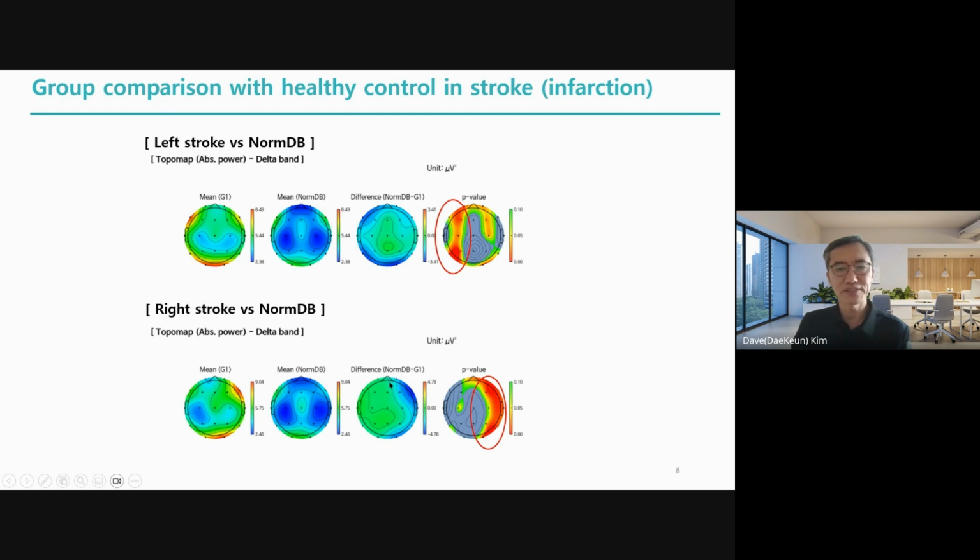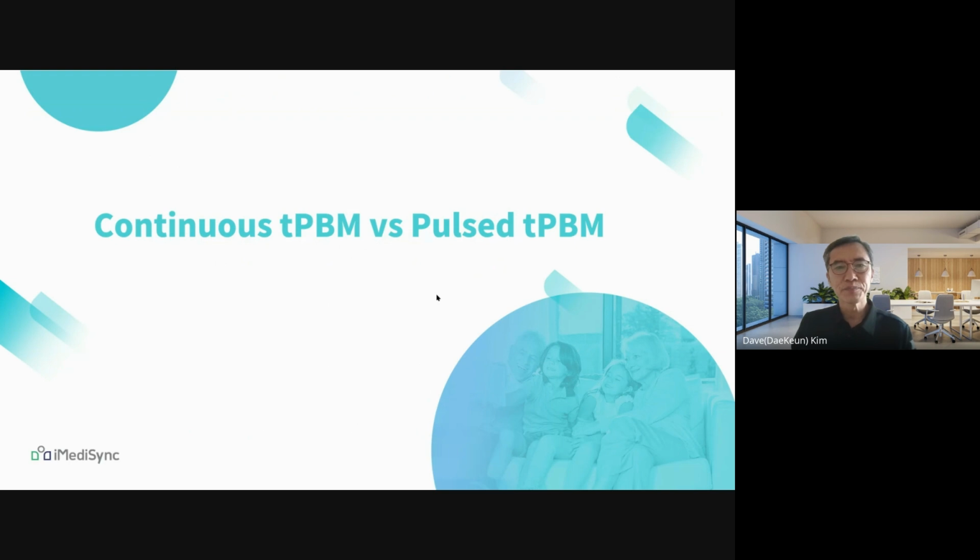We can clearly see the right hemisphere stroke delta activity is increased, and this is significant. So in the acute phase of stroke, the delta activity is increased in the lesion area. This is the basic concept of stroke EEG oscillation in the stroke lesion area.